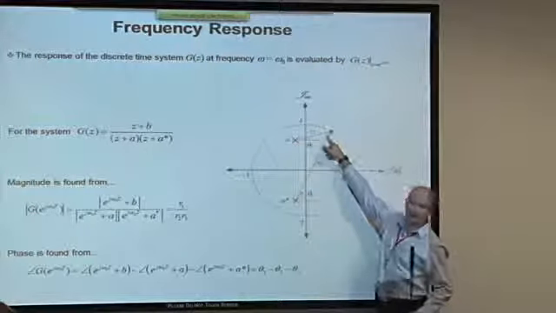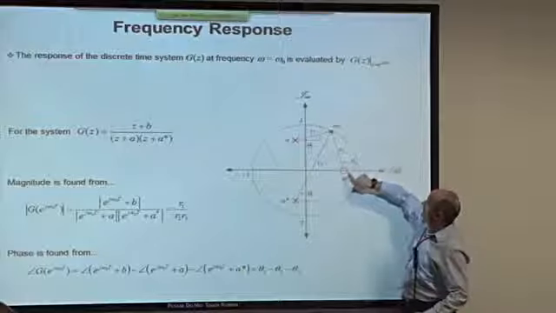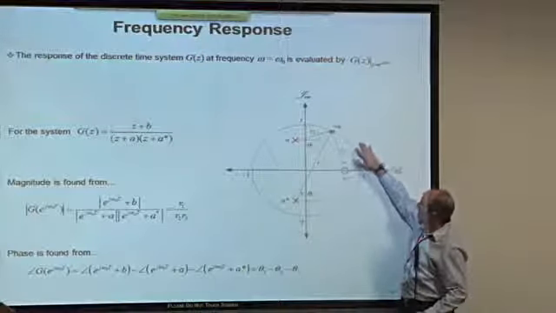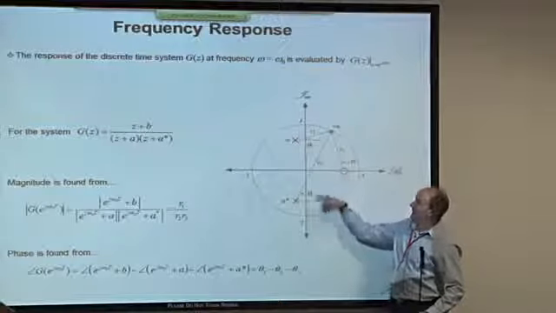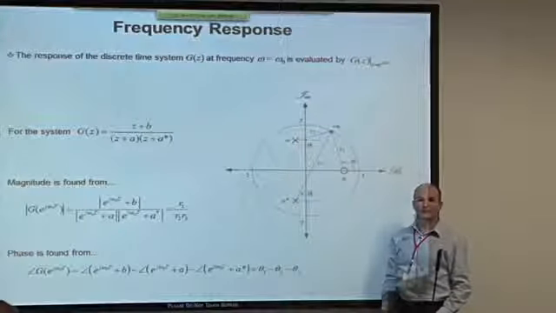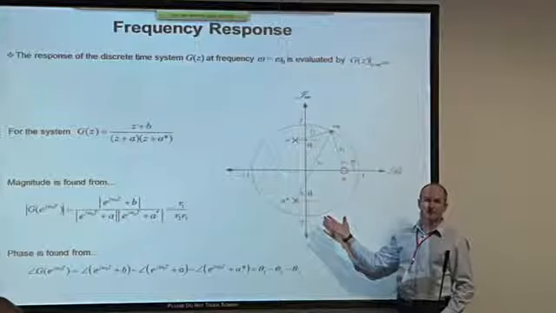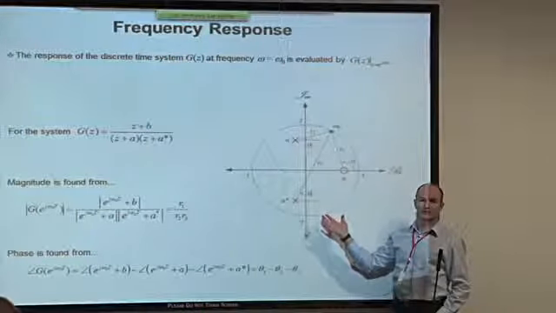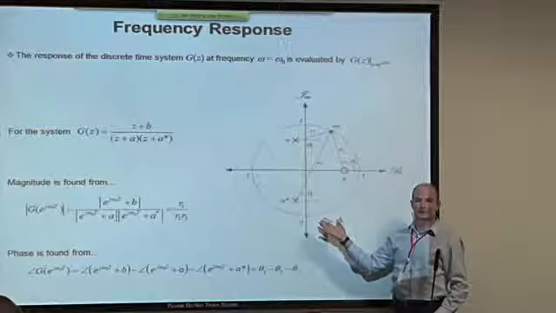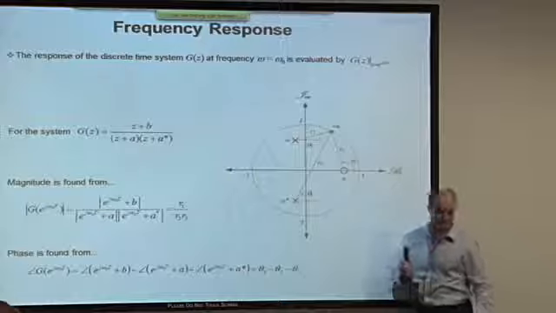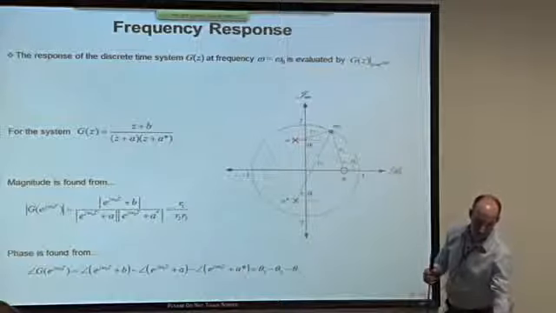So you pick a point corresponding to the frequency you want, and by a geometrical construction of vectors from the poles and zeros out to that point, we can combine the lengths and the angles of these vectors in much the same way as we did for the continuous time system to arrive at a frequency response of the discrete time system. We have a frequency response. How would we represent it? Well, we would use Bode plots and Nyquist plots just as we did before, but they look slightly different.